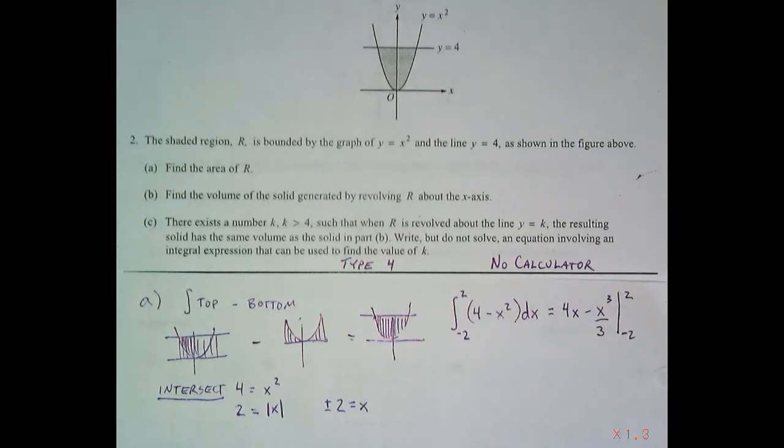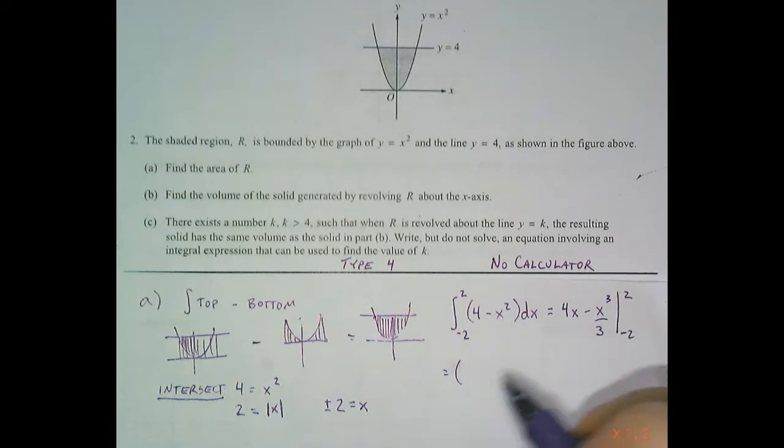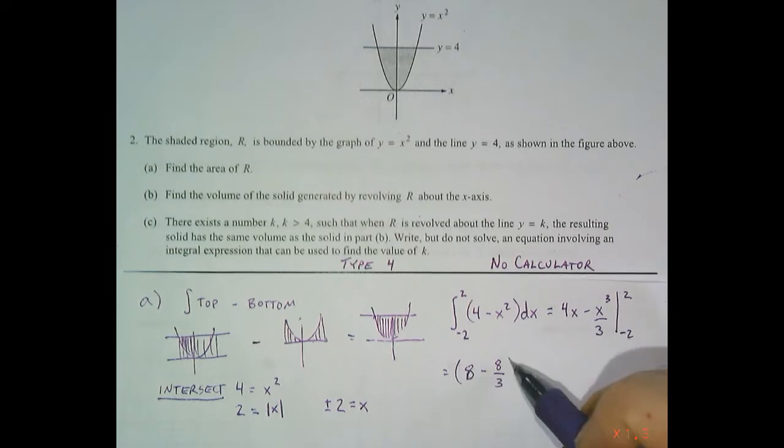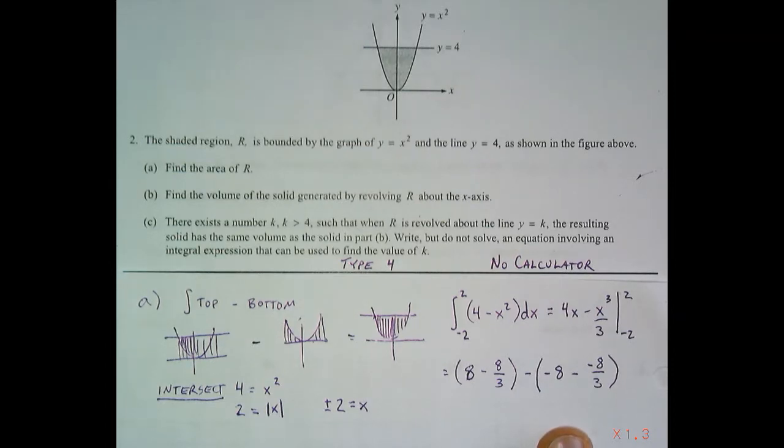What this means is we're going to plug the 2 into it first, and we get 8 minus 8/3, and subtract from that, plugging -2 into it, which is -8 minus -8/3. And this is a numerically correct answer here. And once you're at a numerically correct answer, you should stop so that you don't make any mistakes with simplifying.